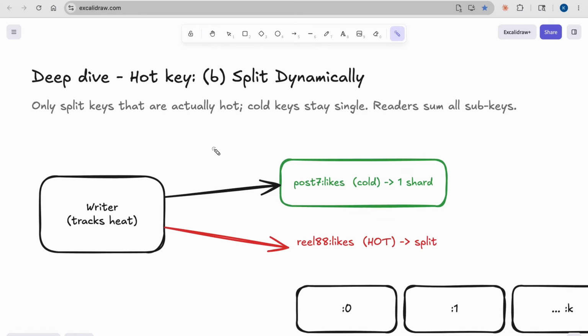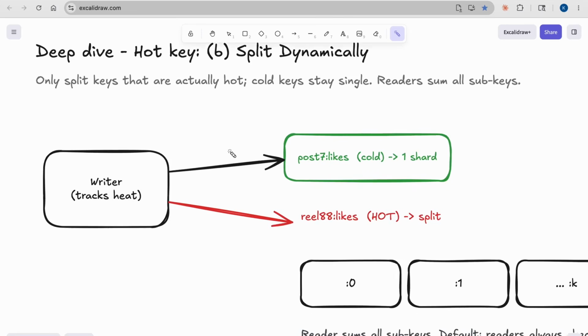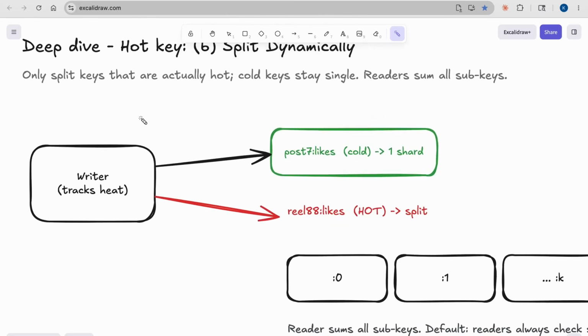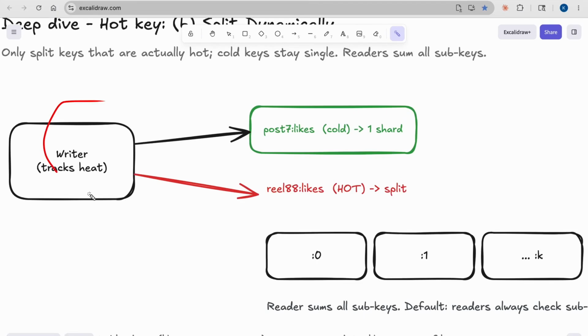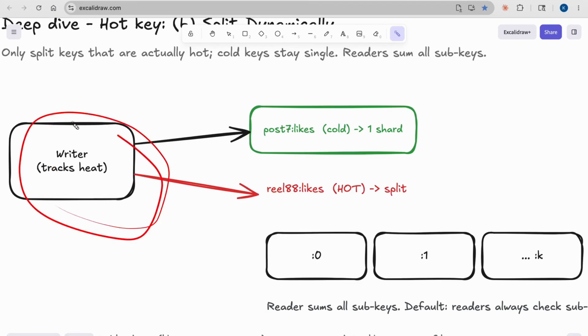Both of these approaches mostly work for metrics that can be aggregated, like likes, views, counts, balances, but they don't work at all for anything that must remain atomic, for example user profiles. So we need to choose the approach that really suits. Here the writer will track which key is hot.